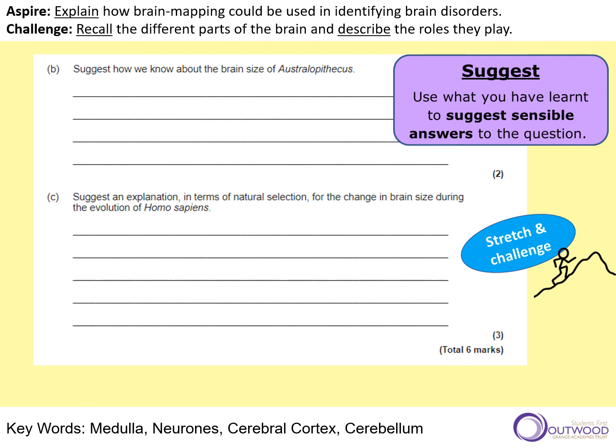And part C, suggest an explanation in terms of natural selection for the change in brain size during the evolution of Homo sapiens. 4 minutes I'll give you for this, so just bullet point your answers. Part B is for 2 marks. The clue, and the only clue I'll give you, is that part C must be related to this keyword.